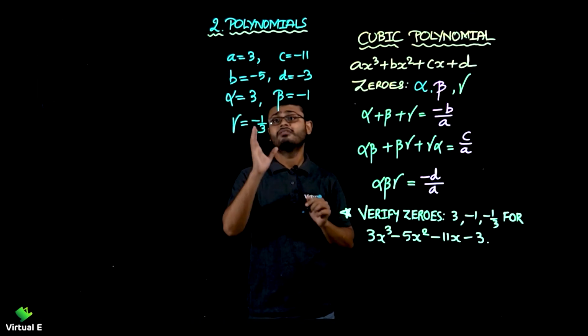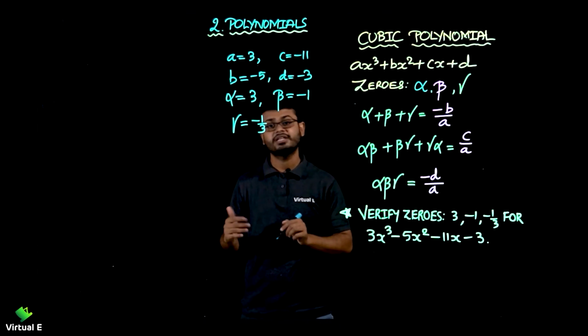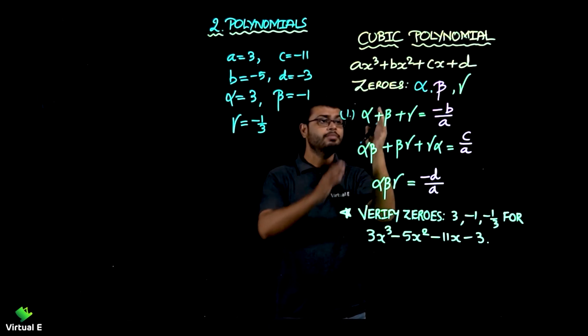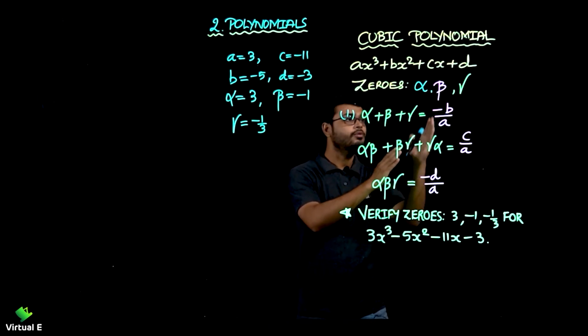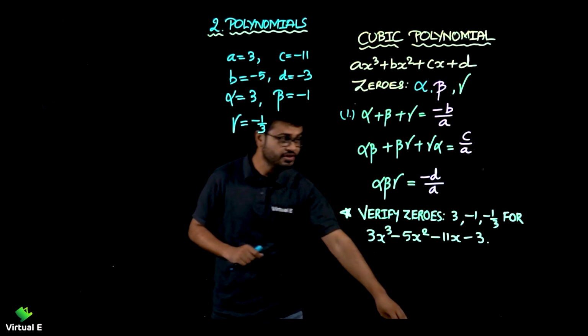Write these values very carefully, it's very important. Any mistake, we won't be able to get the answer in the correct way. Let's start with the first relation: alpha plus beta plus gamma is equal to minus b by a. So we are going to verify the first relation.